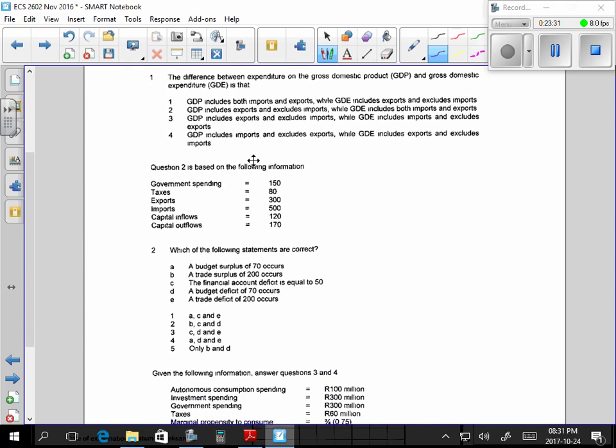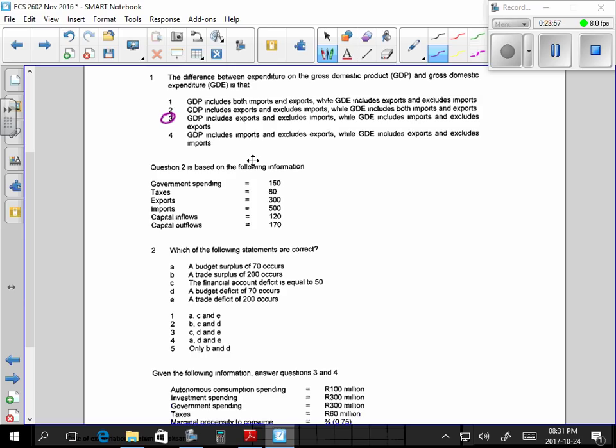Right, your multiple choice. The difference between expenditure on GDP and gross domestic expenditure is what? Okay, so what you need to remember is that gross domestic expenditure is our spending, South African spending. So when we spend money on goods and services, we spend them on imports.